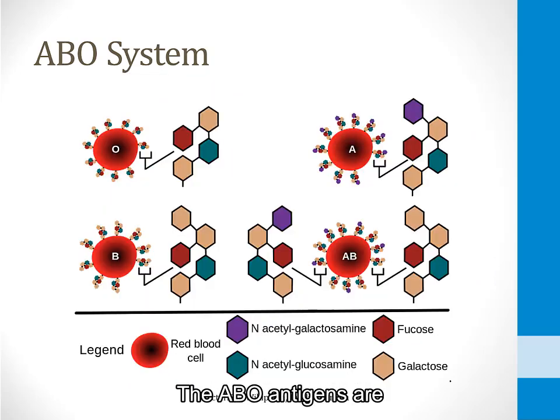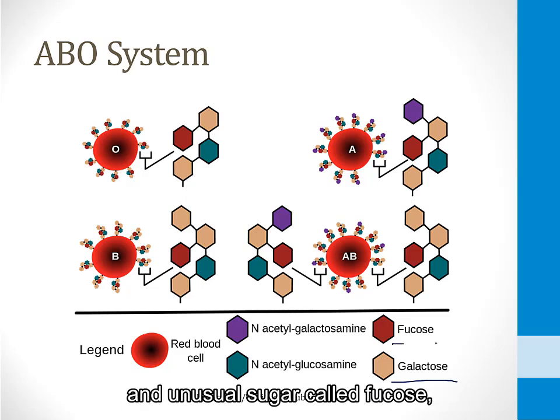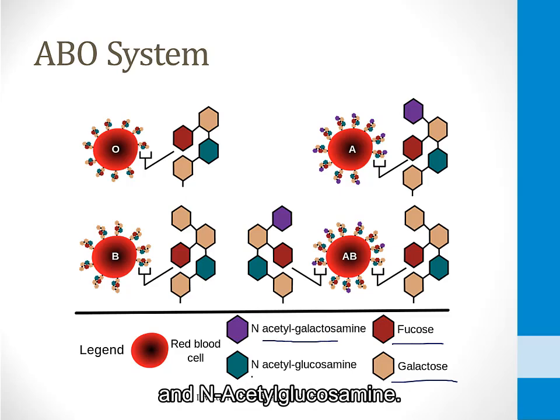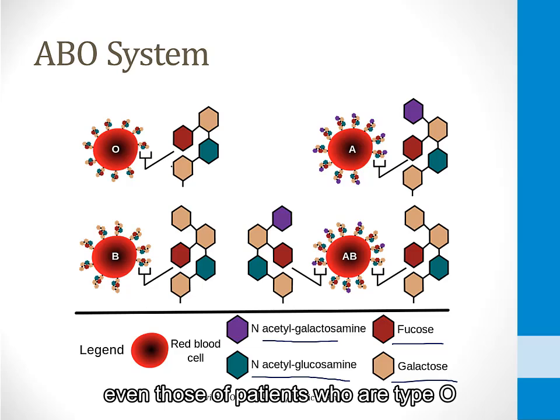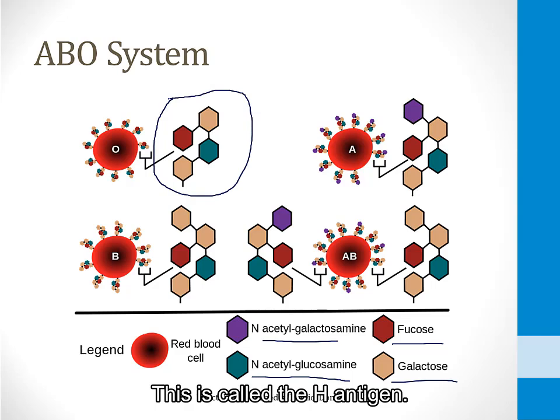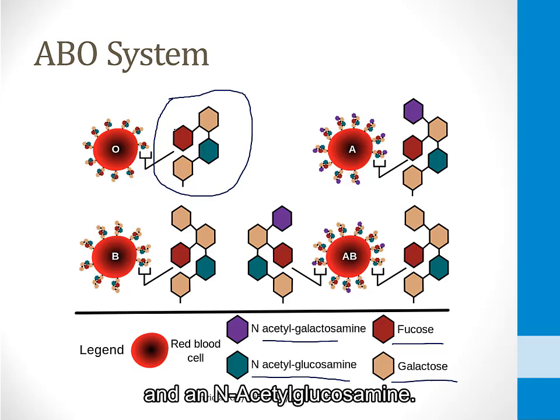The ABO antigens are made up of different combinations of 4 sugar molecules. The 4 sugar molecules are galactose, an unusual sugar called fucose, and 2 other sugars called N-acetylgalactosamine and N-acetylglucosamine. All red blood cells, even those of patients who are type O, have this common basic structure on their surface. This is called the H antigen. It consists of 2 galactose molecules, a fucose, and an N-acetylglucosamine.